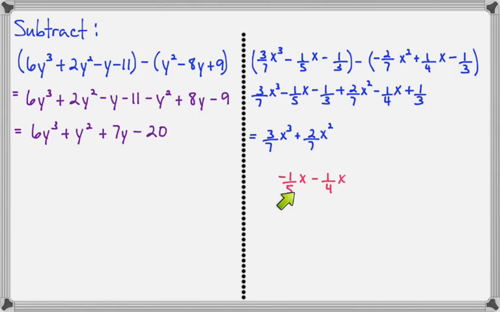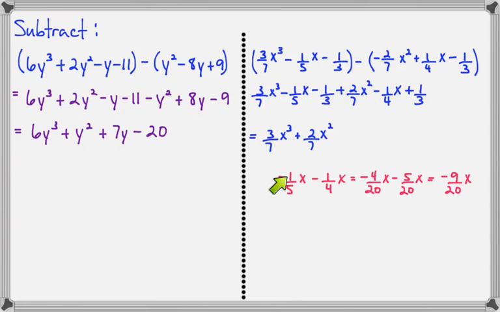Since I'm adding, I do have to get common denominators here. You know that this would be 20ths, so we'd have to multiply this one by 4 over 4. It'd be negative 4 20ths. This one would be negative 5 20ths, sorry. And negative 4 20ths minus 5 20ths adds up to negative 9 20ths.